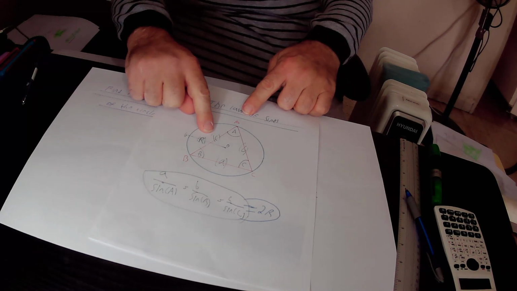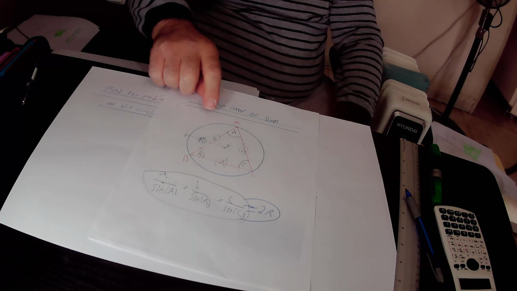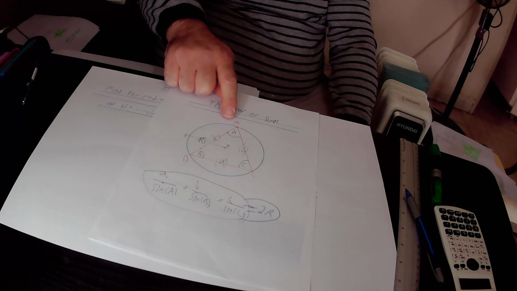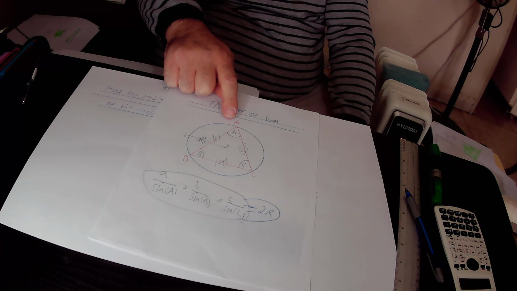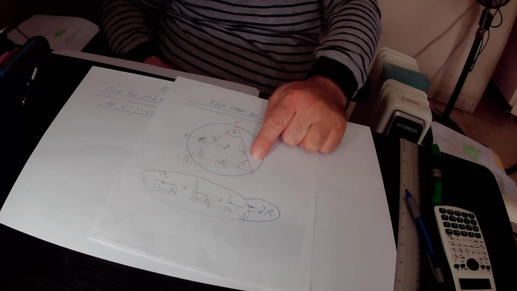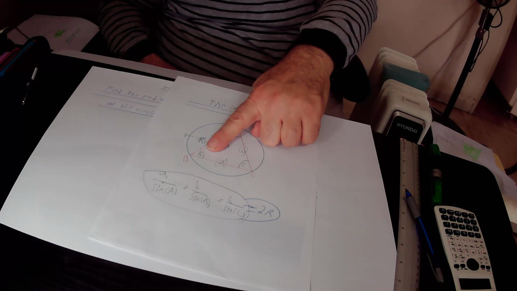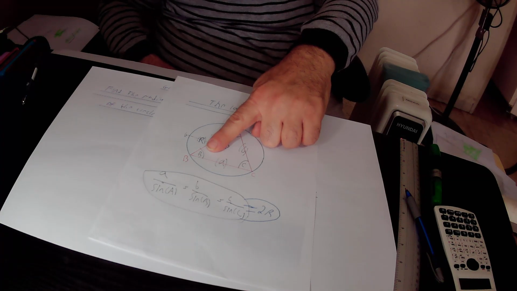AB equals c units in length, AC equals b units in length, BC equals a units in length. This angle BAC equals capital A degrees in size. Likewise, this angle ACB equals capital C degrees in size. And finally, this angle ABC equals capital B degrees in size.